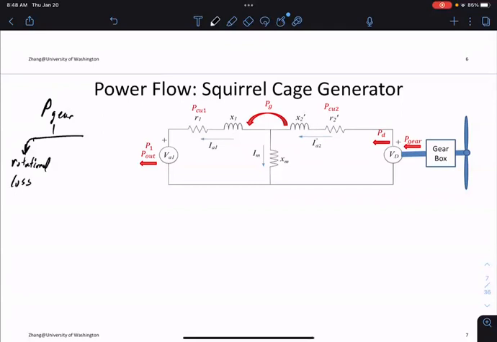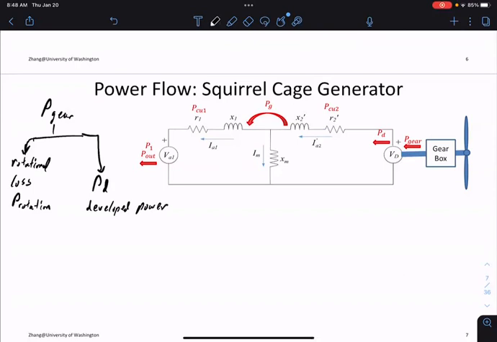Rotational loss means this is coming from the fact that the generator is something that turns and there'd be some friction, some losses. It's generally not a big loss. So P rotation is our loss. And the part that's not lost, this is PD, this is developed power.